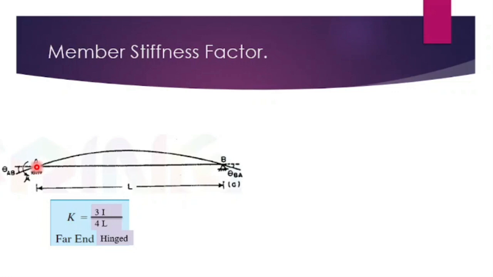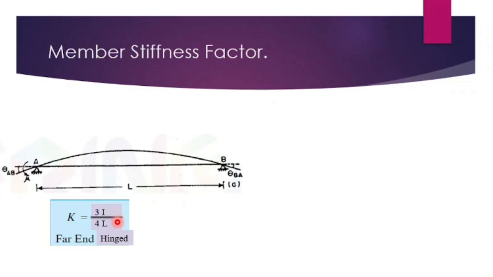If you are taking the end A, if I want to find the stiffness of this beam, I can use 3I by 4L, that is 3 by 4 into I by L. So this will be the formula. If I need the stiffness for the member, I is what? Moment of inertia. First you have to find the moment of inertia divided by the length. So these are the 2 components which are required to find the stiffness.